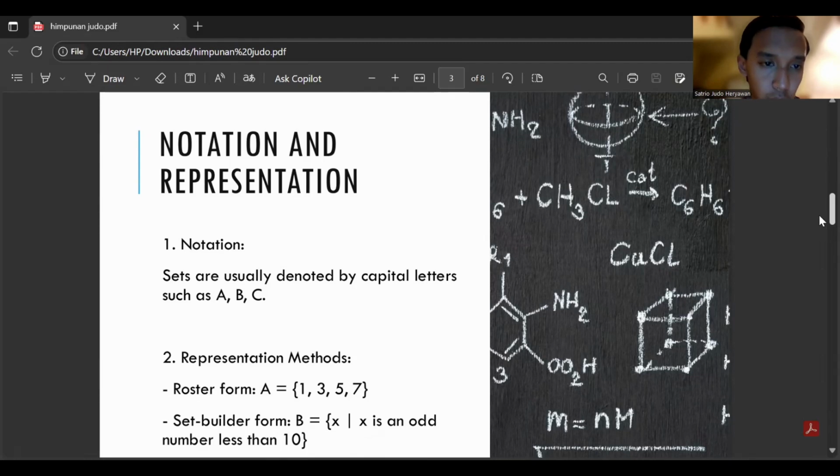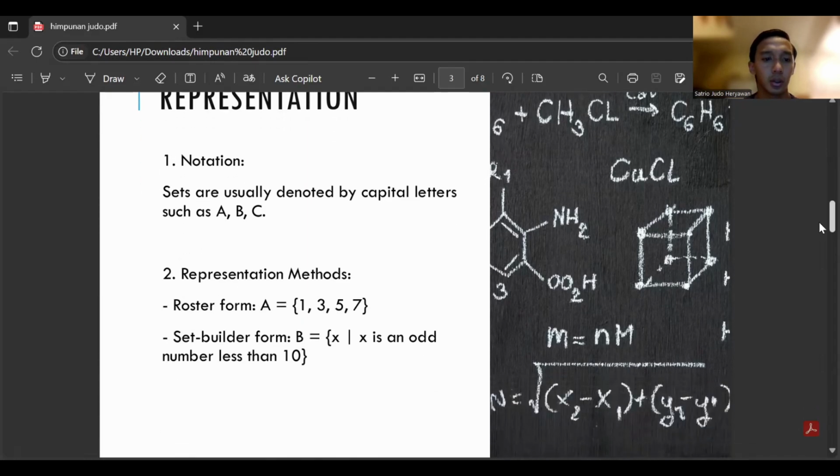Notation and representation. Notation: a set is usually denoted by a capital letter such as A, B, C. And number two, representation methods. Roster form: A equals 1, 3, 5, 7.